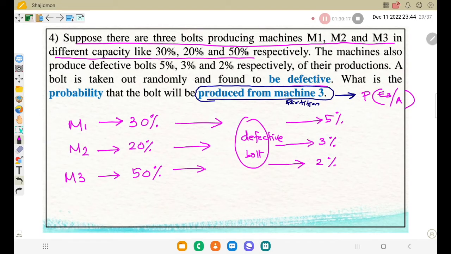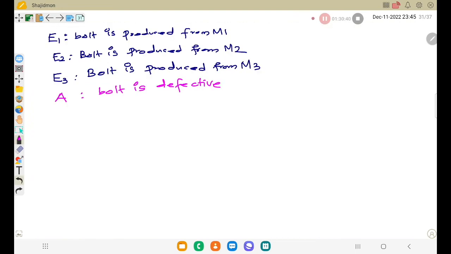This is our question, probability of E3 given defective bolt. That means we use Bayes theorem, because you know the partition is on the top side, correct? E3 is the probability of a partition, that is machine 3, given that it is defective. So we are using Bayes theorem here.